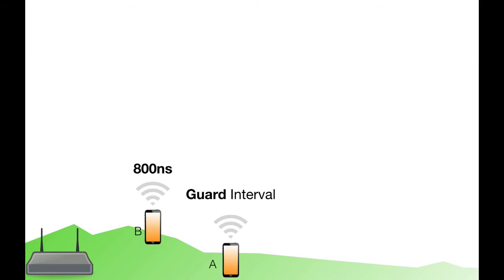Mostly we use a guard interval of 800 nanoseconds, but since 802.11n we can also use short guard interval of 400 nanoseconds. It can help you increase the throughput in your Wi-Fi deployment, but don't use short guard interval whenever you have high density deployment.